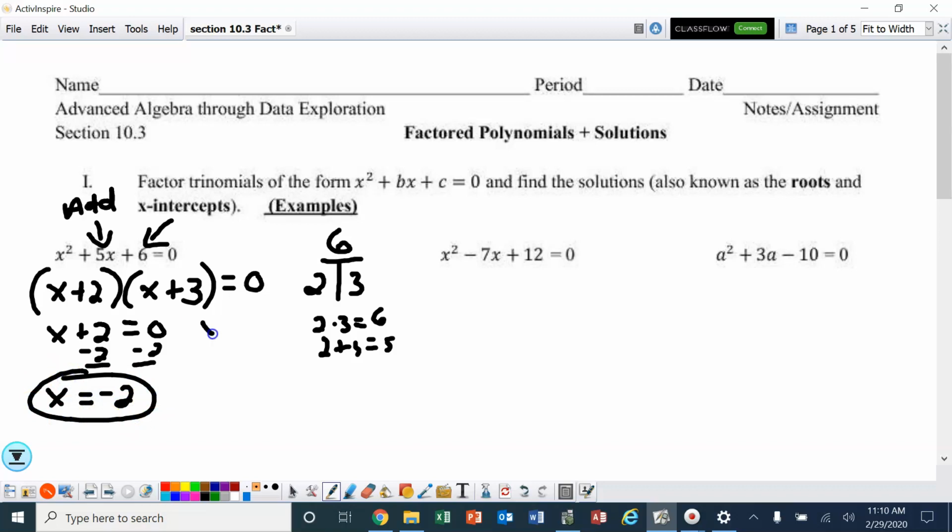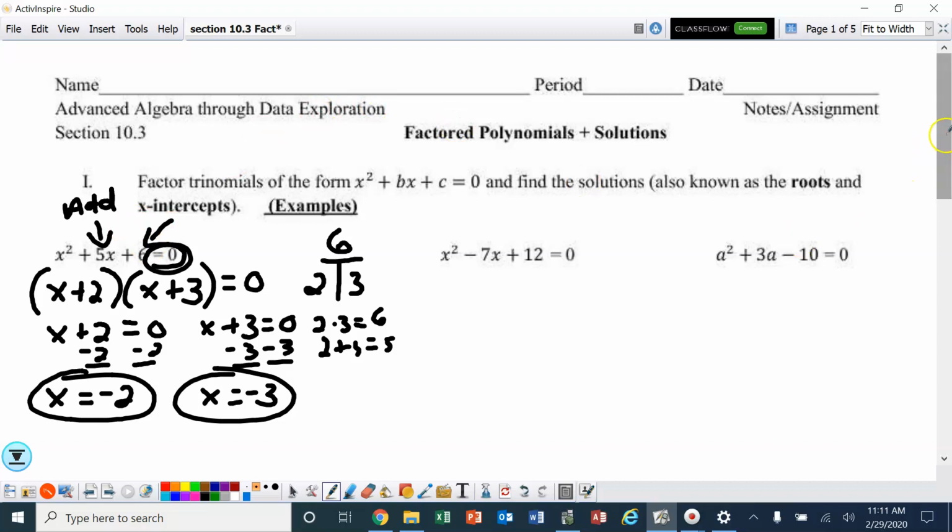We take the other factor, set it equal to 0 and solve. So the other solution is -3. We are looking for what will make that polynomial equal 0, and those are the two numbers that make it equal to 0.